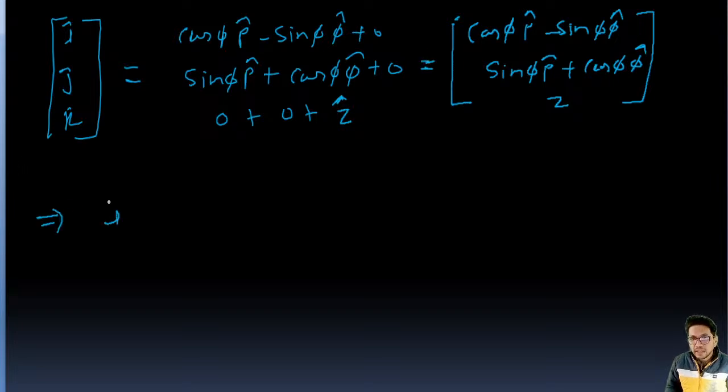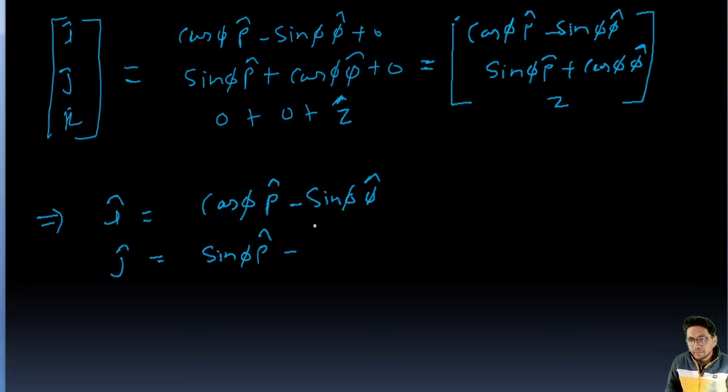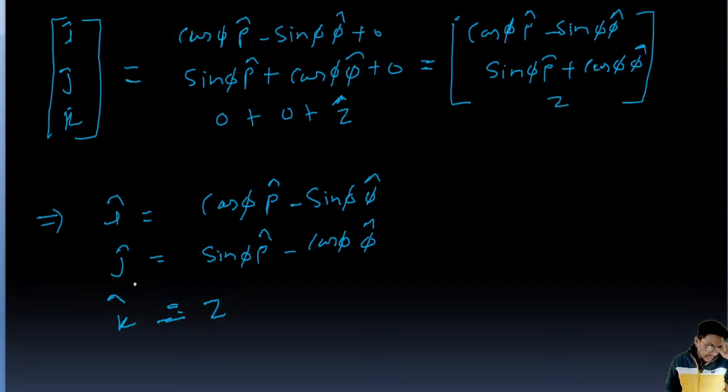This implies we can easily find the value of I cap is equal to cos phi rho cap minus sin phi phi cap, the value of j cap is sin phi rho cap plus cos phi phi cap, and k cap equal to z cap.